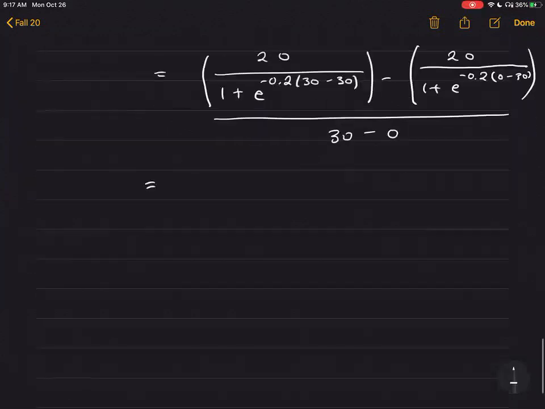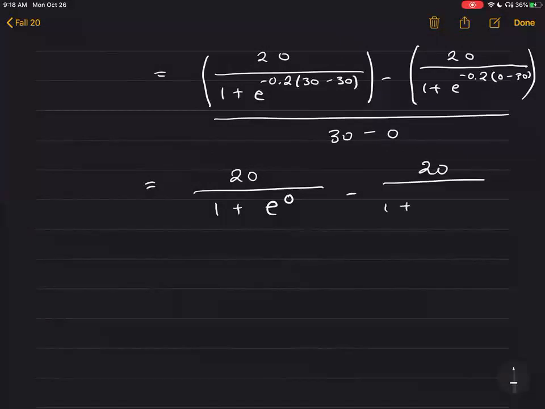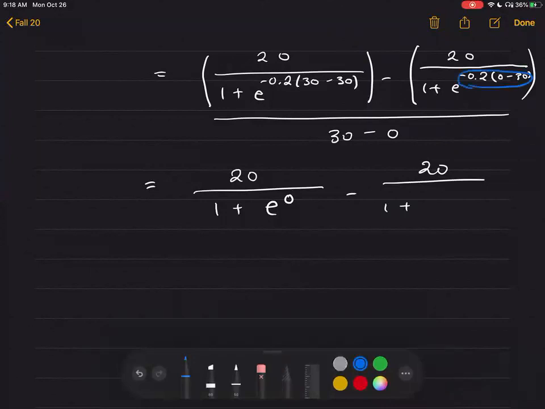All right. Then if we simplify a little, we have 20 over 1 plus e to the 0, because 30 minus 30 is 0, and 0 times 0.2 is 0. And on this side, we still have 20 over 1 plus e to the 6, all over 30.